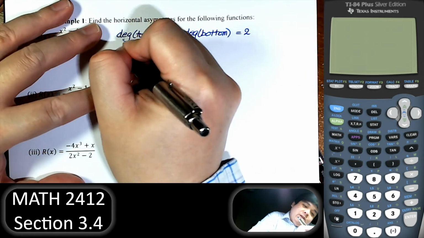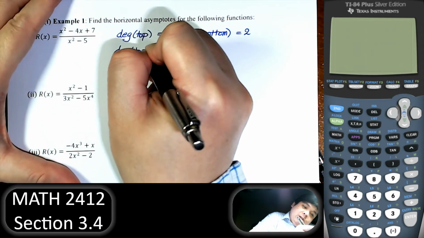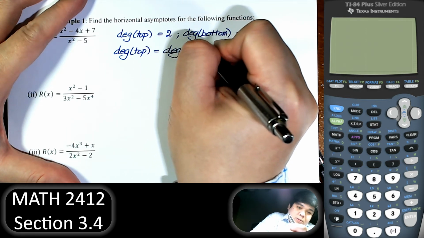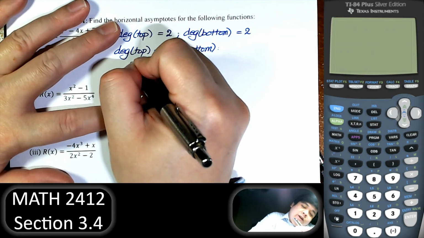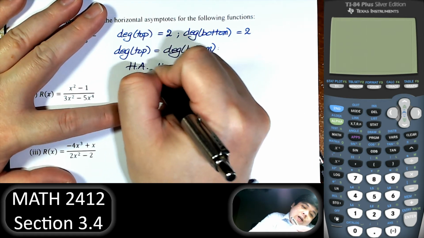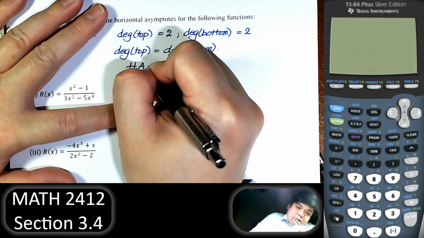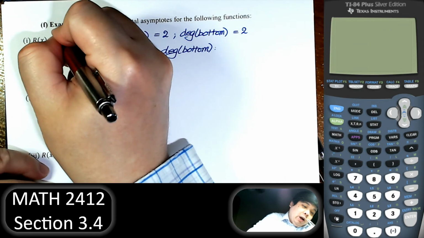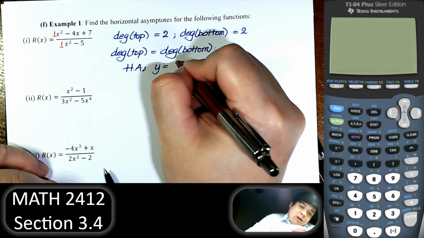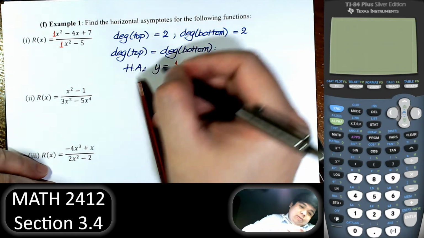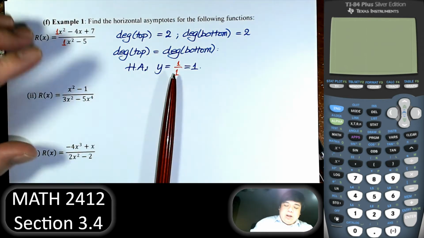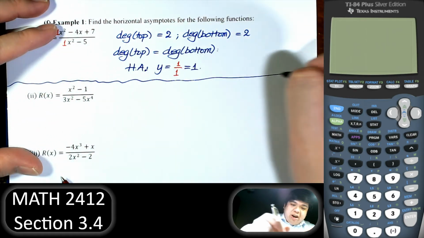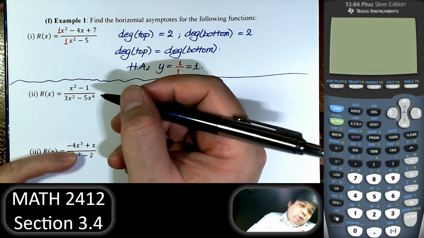So when they're equal, we have the horizontal asymptote is y equal to the ratio of leading coefficients. Leading coefficients, we have 1x squared over 1x squared, so 1 over 1, which is 1. So the horizontal asymptote is y equal to 1. So the scenario is very clear. There's no confusion about this.